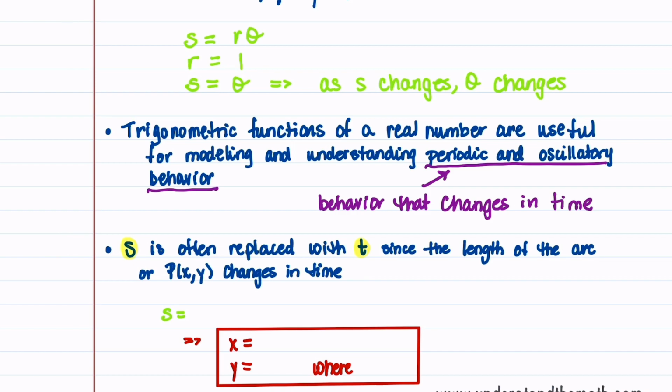So we will write down S is equal to theta, which now is equal to t. This allows us to write x and y as functions of time. So we'll write x is equal to x of t, y is equal to y of t, where t is equal to our angle theta.